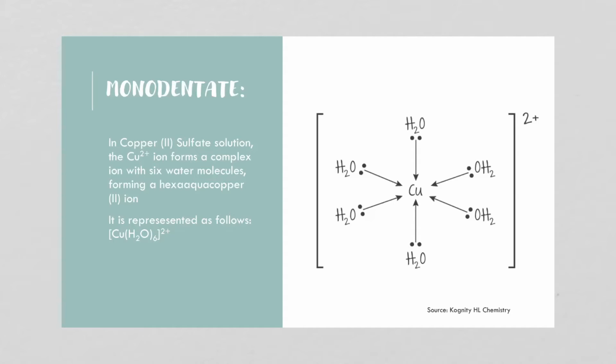It's represented as follows: in square brackets, the copper, then in parentheses the water, subscript 6, and then 2+ outside the square bracket. So you can see that we have our copper, we have 6 water molecules, and the whole thing has a +2 charge.